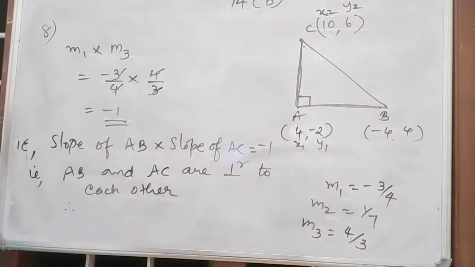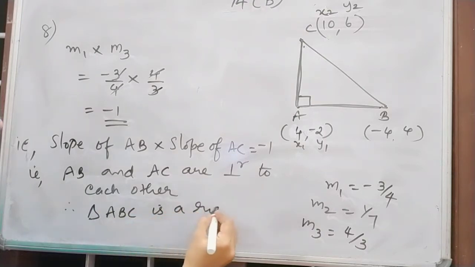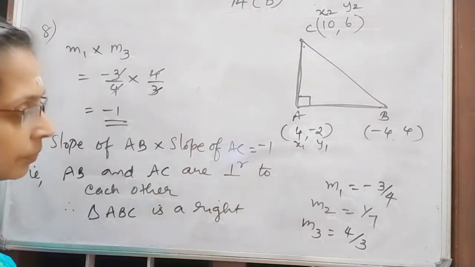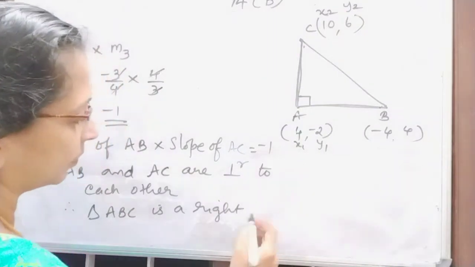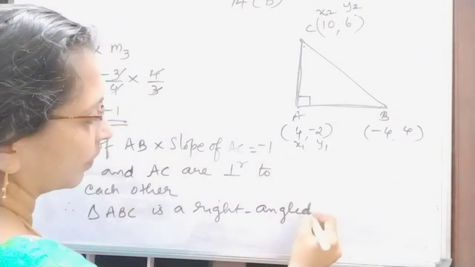Therefore, triangle ABC is a right angle triangle.